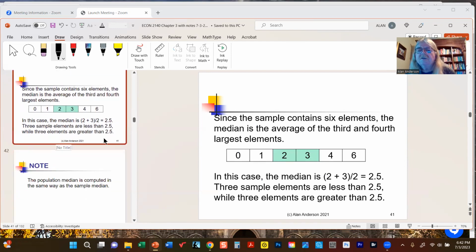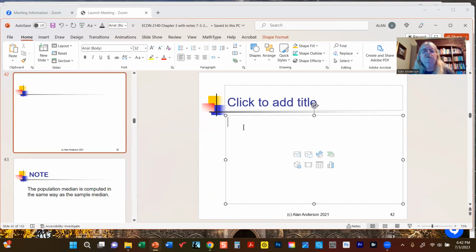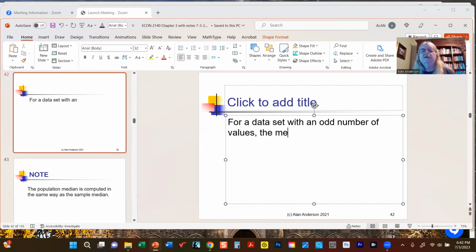So we'll just quickly summarize that. If there were a data set with an odd number of values, the median is the middle observation.